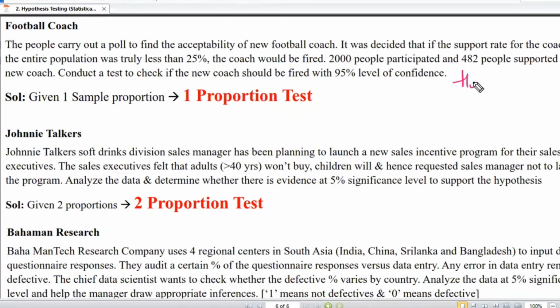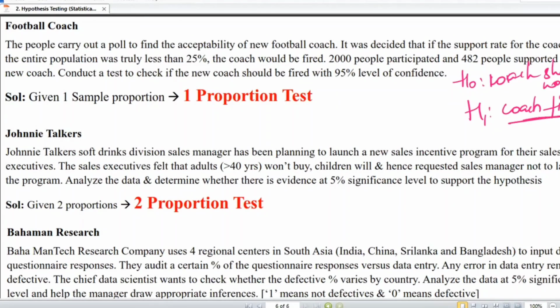What is the null? Is the coach being fired an action or no action? Action is that the coach should be fired; you have to write that here. The coach should not be fired is no action. The selection process is already completed, and their assumption is that he is a nice guy and they have selected him.